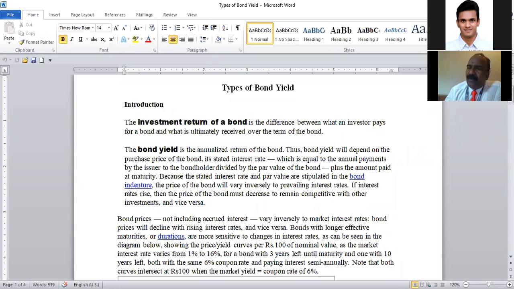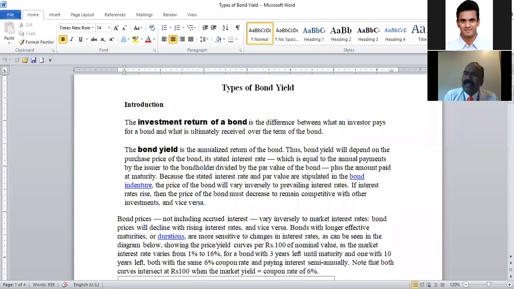That's what we have seen. We have calculated the bond price using the required rate of return. Bond prices will vary according to the prevailing interest rate, and we have seen the relationship between those two.